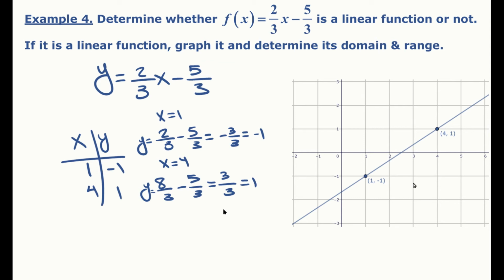Now, horizontal lines are also qualified as functions, because those, as we'll study in a minute, will pass the vertical line test.